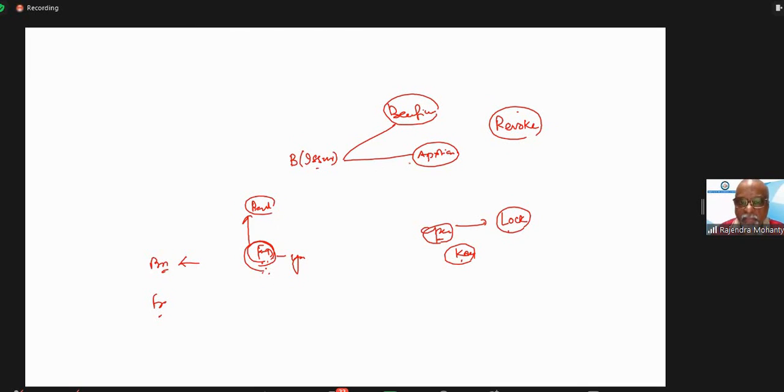See, bank guarantee is a guarantee issued on behalf of the applicant. So on behalf of the applicant, bank will issue in favor of the beneficiary. So whose favor is it? Beneficiary. So beneficiary has a right to revoke. He has the original bank guarantee.